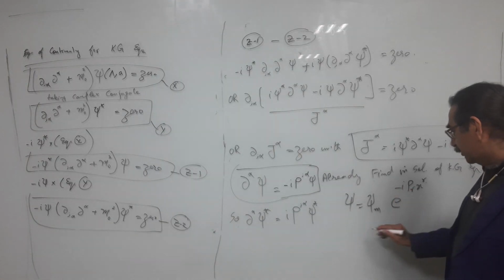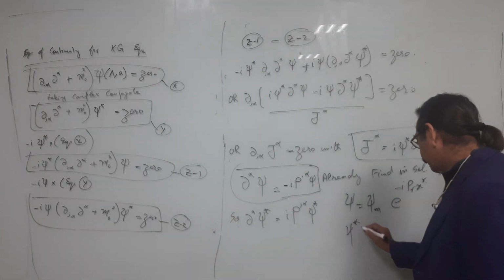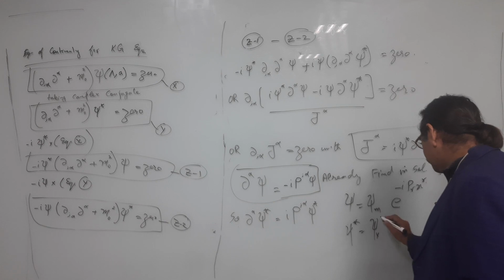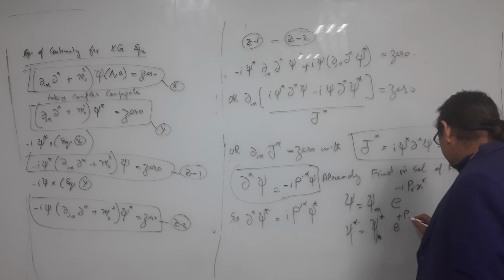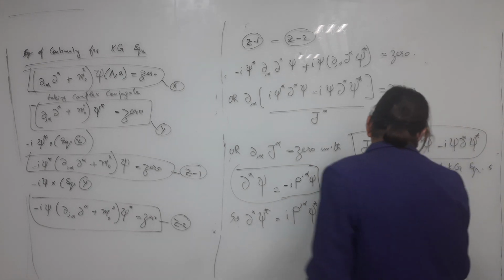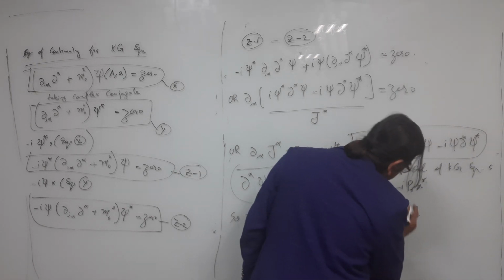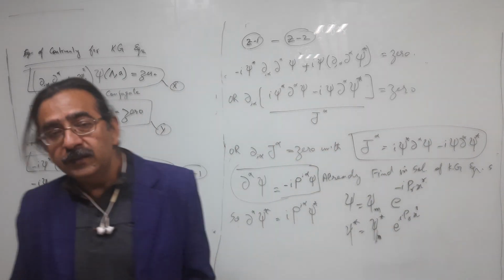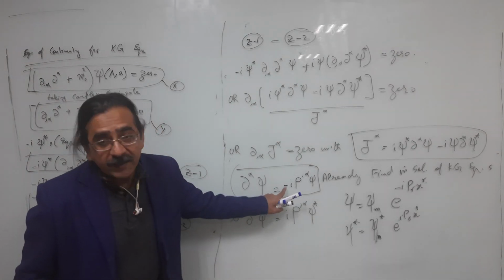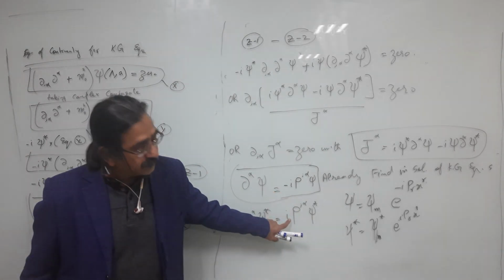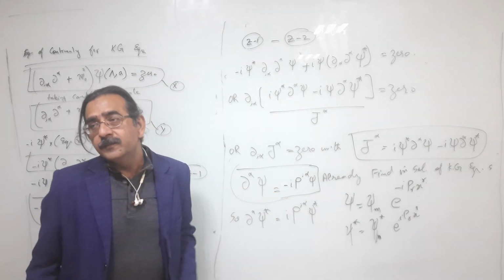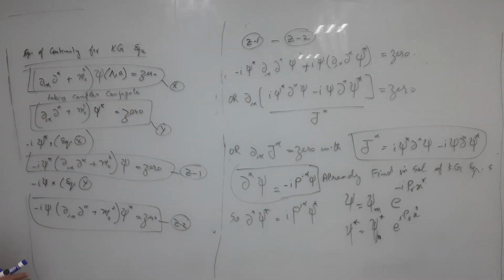When we take the complex conjugate, this will be psi m exponential of plus iota p x gamma. This minus iota will be converted into plus. So here is minus, here will be plus.